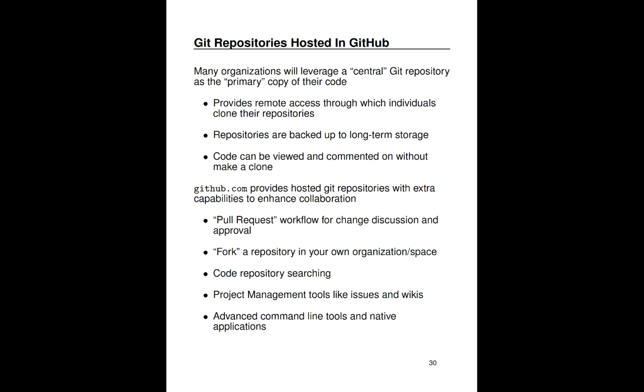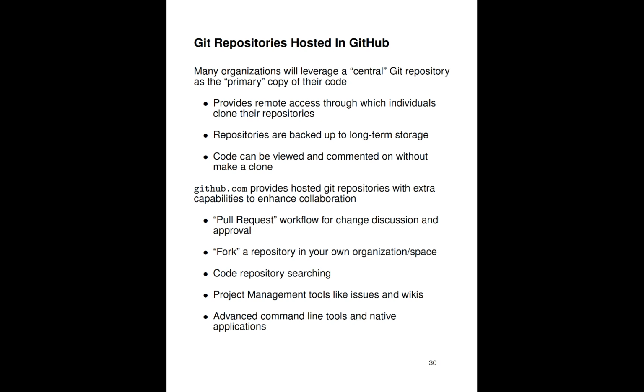And also, many of these systems provide the ability to view and comment on the code without making a clone, which can be very convenient for people who either aren't developers or just someone who doesn't want to have to get a whole copy of the code and then open it up in their text editor to be able to find stuff. In this course, we use GitHub.com to provide hosted Git repositories.